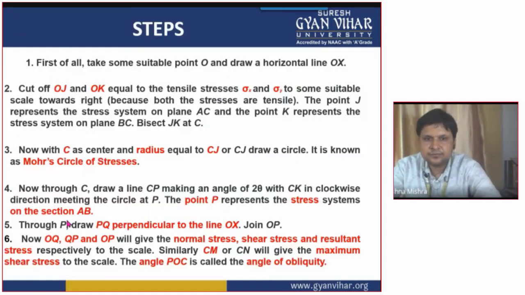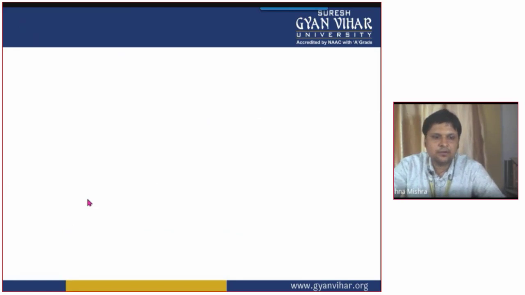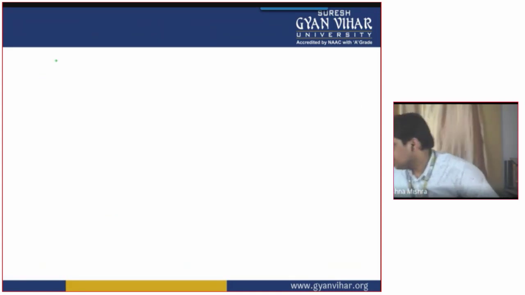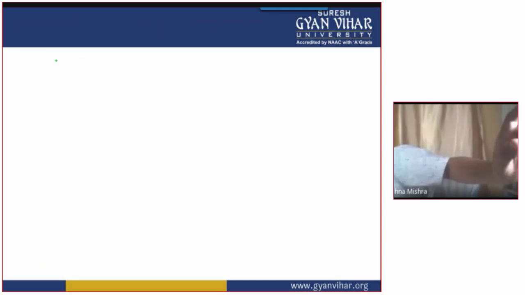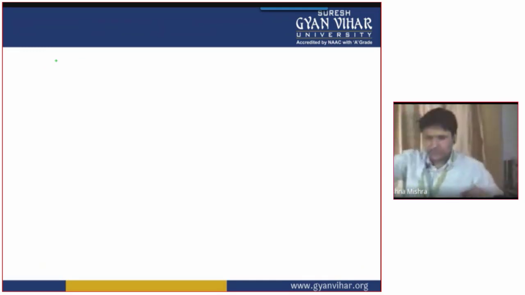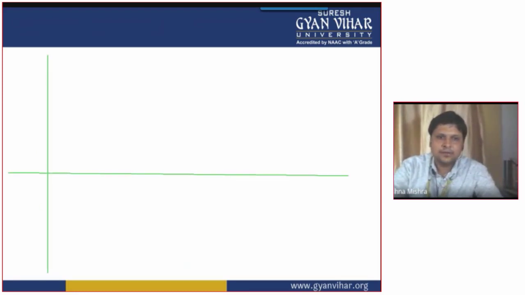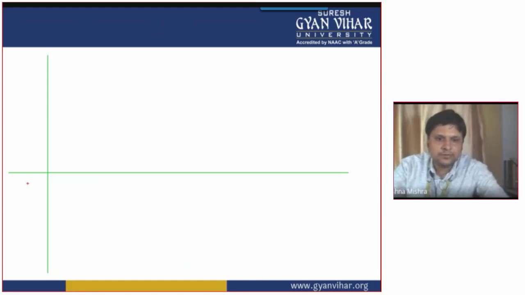Same manner means first we will draw a vertical line like this and a horizontal line like this. We will mark a point O, the origin point.